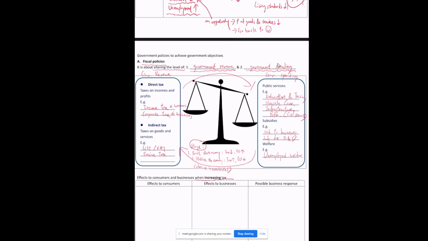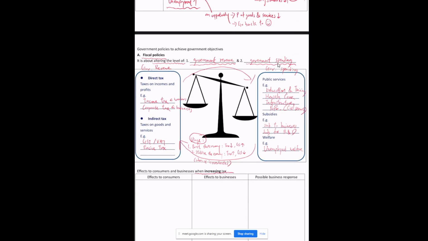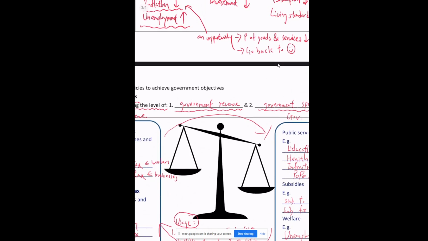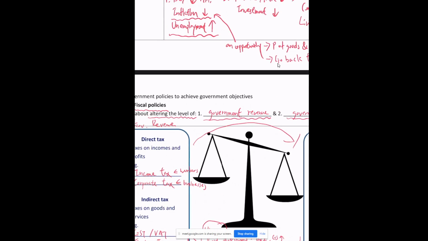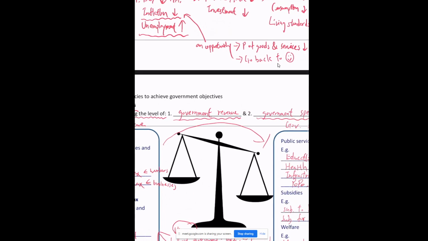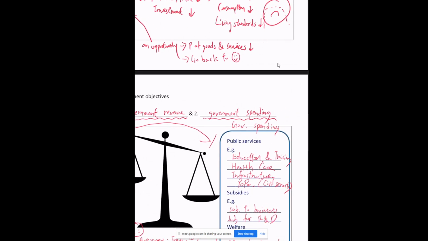And the first policy that we started to talk about is fiscal policy. Fiscal policies, once again, are very simple policies. Basically, you just try to manage your government revenue and also your government spending.